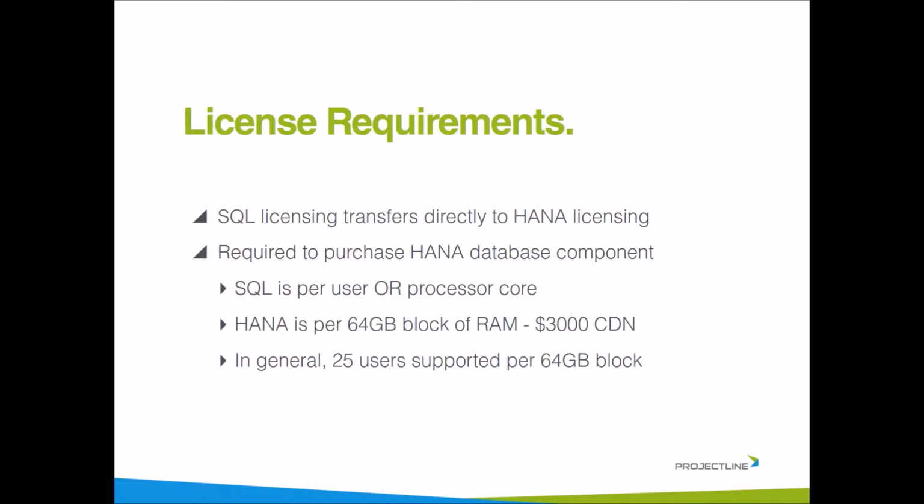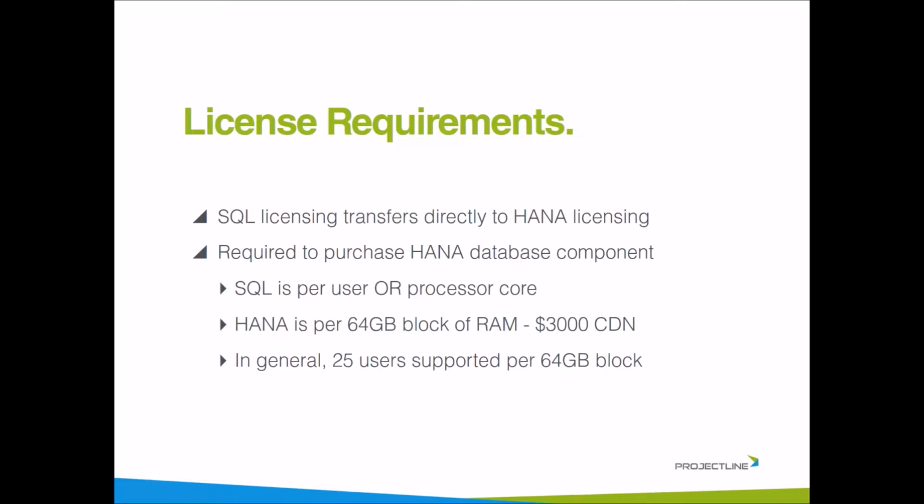Those are some of the licensing requirements. If you've got a bigger HANA system and you want more RAM, for instance a 40-user system, the documentation would recommend something like 96 gigabytes in your server. That means you'll have to buy the second block, which would enable you to go up to a total of 128 gigabytes in your HANA system.